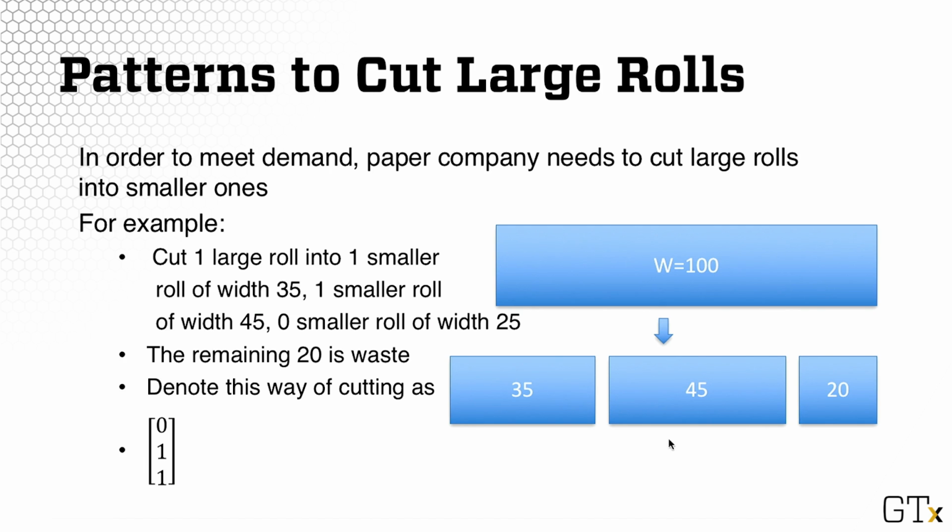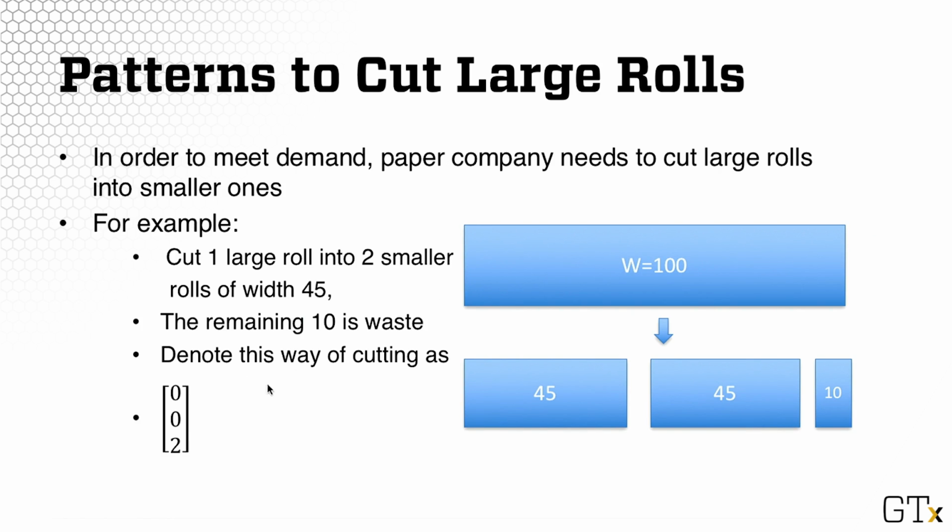I'm going to call this specific way of cutting a pattern to cut the larger roll. A pattern is represented by this column vector. The first component is how many copies of demand 25 are satisfied, then how many of 35, and how many of 45 are satisfied by this pattern of cutting one large roll. You can do some other experiments. If we cut 2 copies of 45 width, then the remaining is 10 units of width, and I satisfy 2 copies of the third demand and 0 of the first two demands.